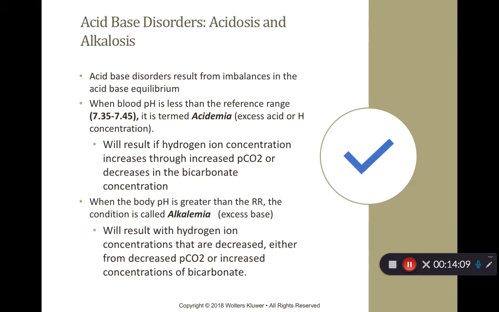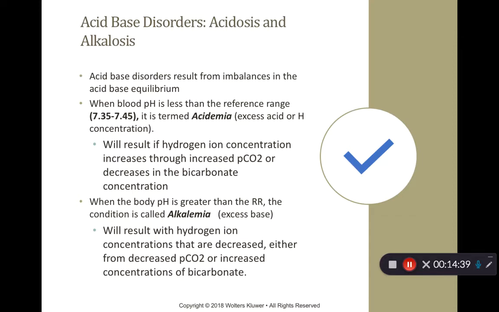All right, so just remember, osis refers to a process occurring in the body, and emia refers to the corresponding state in the blood, right? So acid-base disorders result from imbalances in the acid-base equilibrium, obviously. When the blood pH is less than the reference range, it is termed acidemia, or an excess of acid or hydrogen ions.